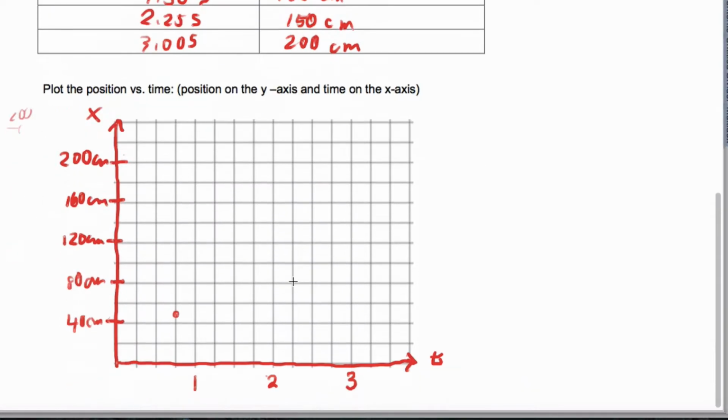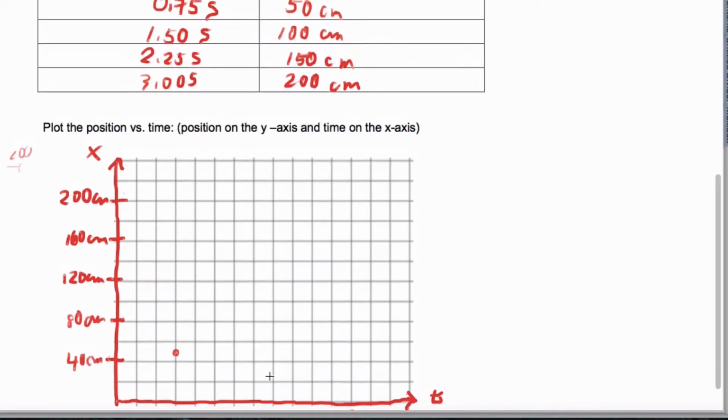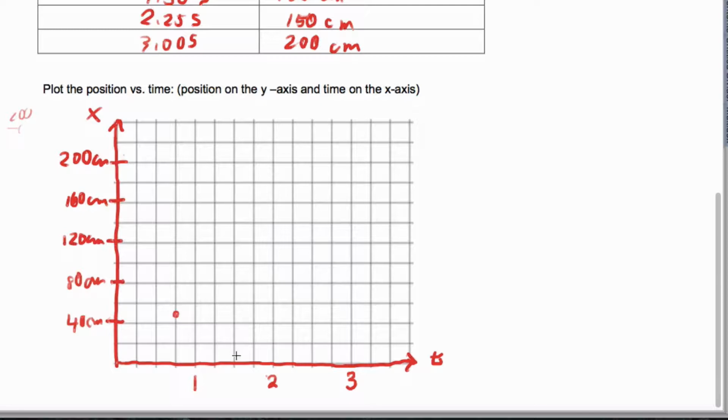And then at 1.5 seconds, I'm going to be at 100, so right here. And then at 2.25 seconds, I'll be at 150. And then at 3 seconds, I'm going to be at 200 centimeters.